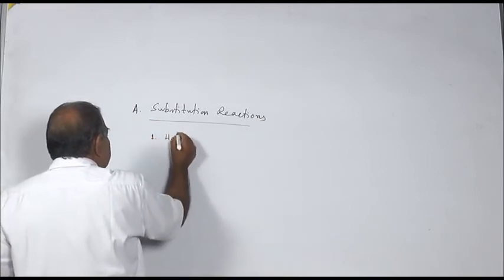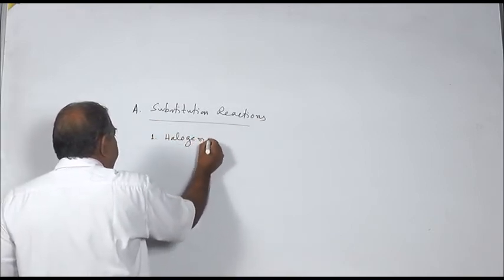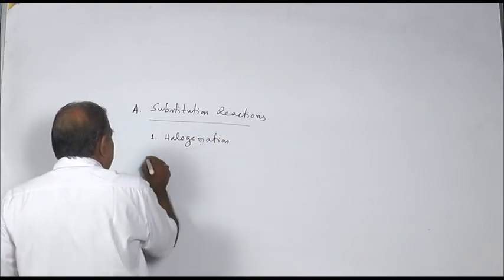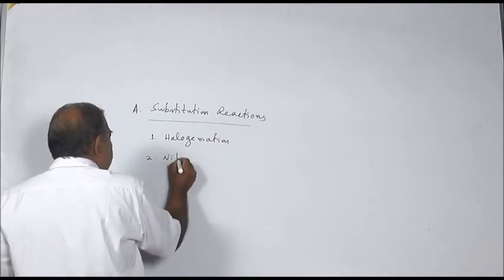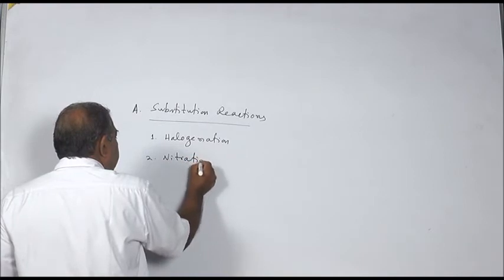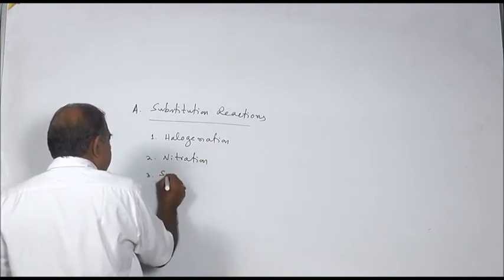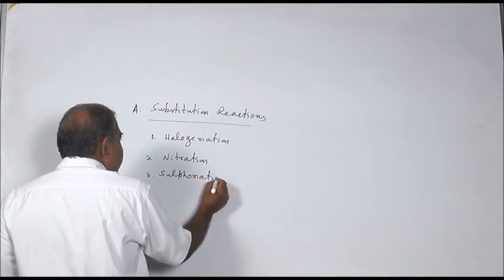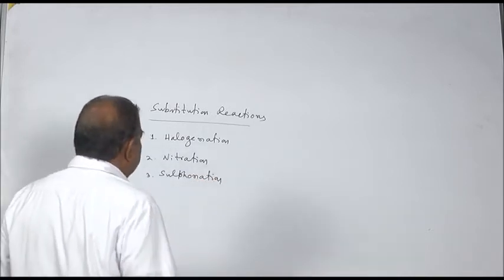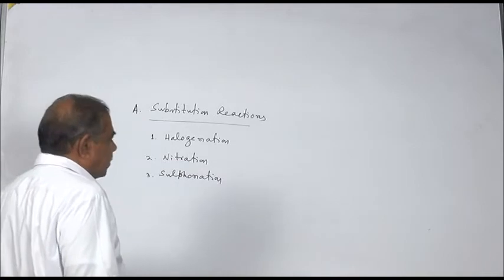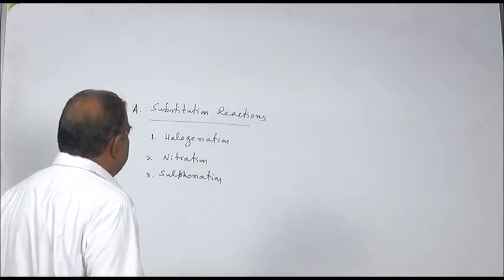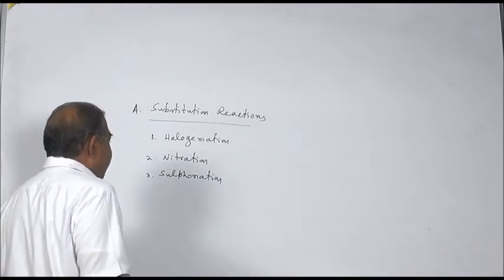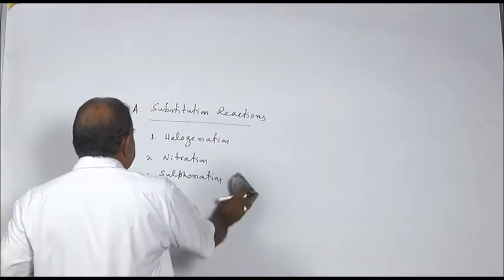One is halogenation, number two nitration, number three sulfonation. So three different types of substitution reactions are exhibited by alkanes: halogenation, nitration and sulfonation.